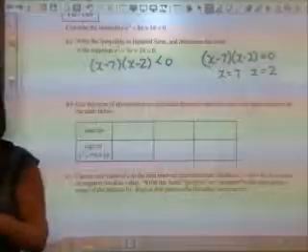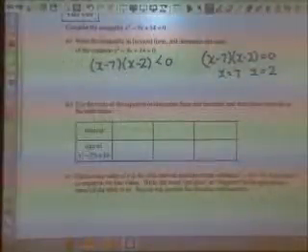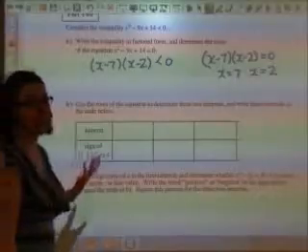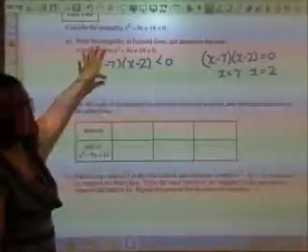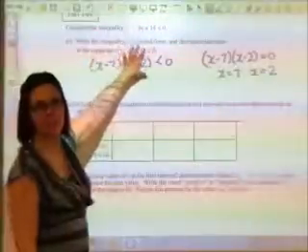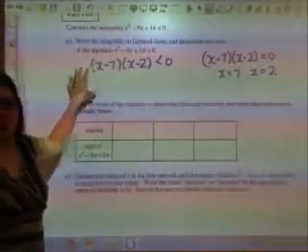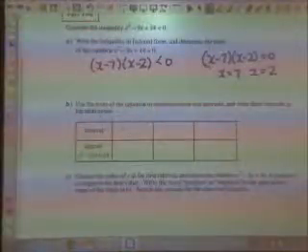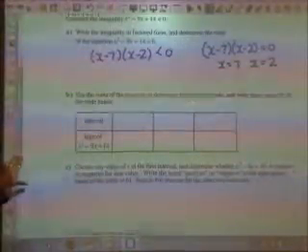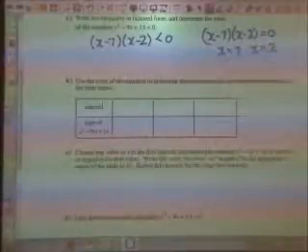Now, when we were doing the case analysis yesterday, what we had to consider is if this is less than 0, meaning if it's negative, that means that this factor could be positive and this could be negative, or this factor could be negative and the other one could be positive. We had to consider both situations. This time we're going to look at test intervals.